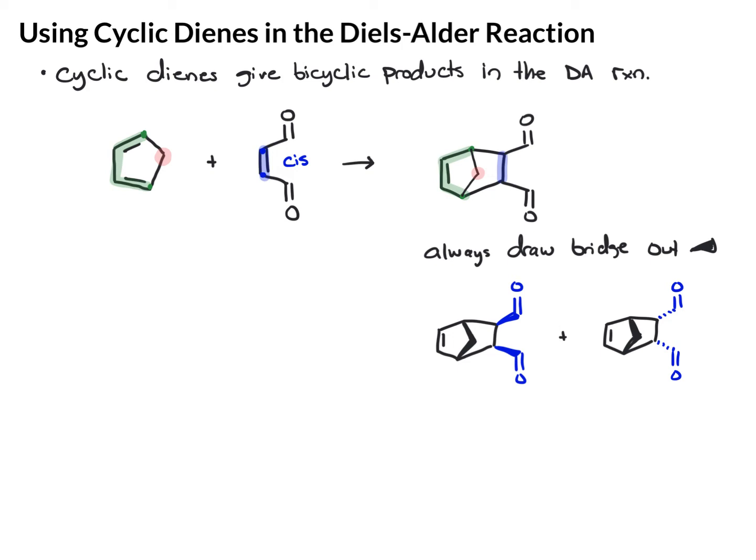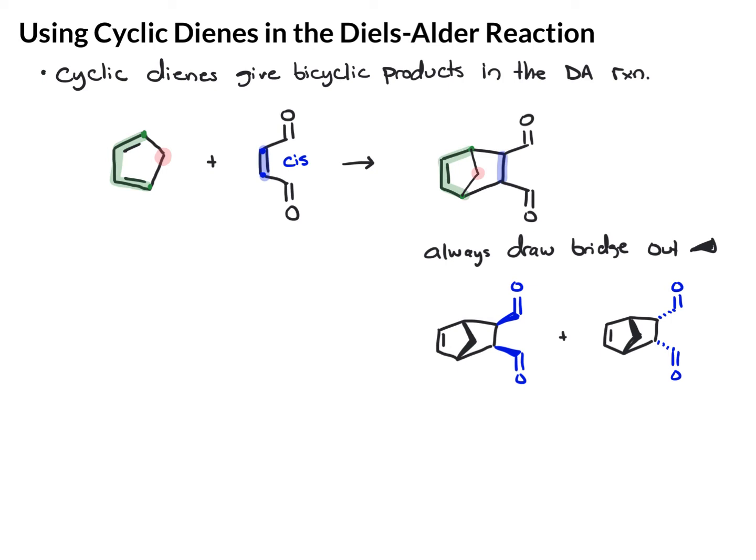Now in the regular Diels-Alder reaction we had been doing with non-cyclic dienes, we would always draw both as 2 major products or the enantiomers of the reaction. In this case, you get these 2 products which are diastereomers, and it really depends on the orientation from which this group adds to the diene.